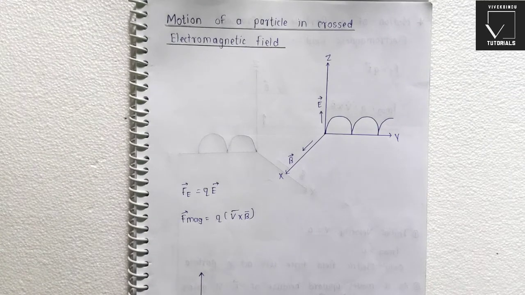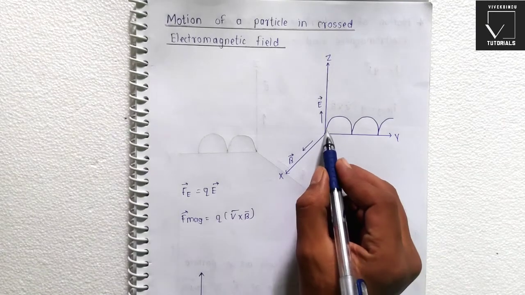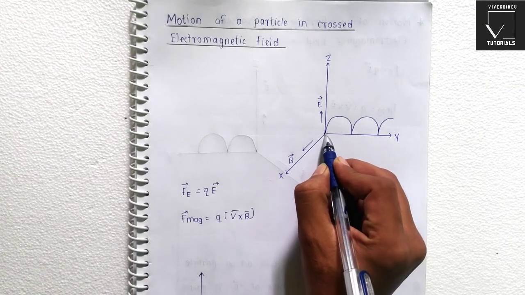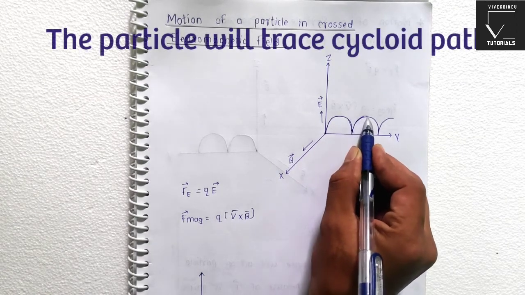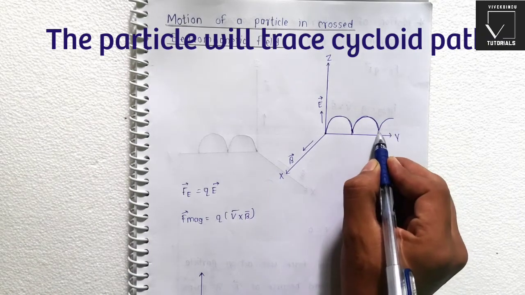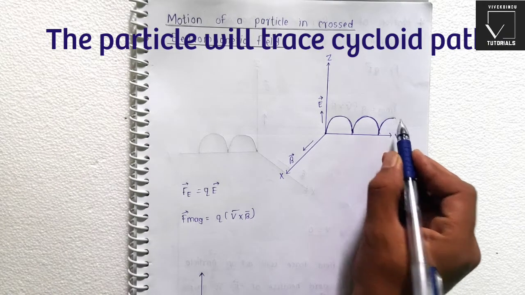So we have to see how the particle will move in that field, means what will be its trajectory. When the particle is moving in this field, the path traced by it will be given by this.